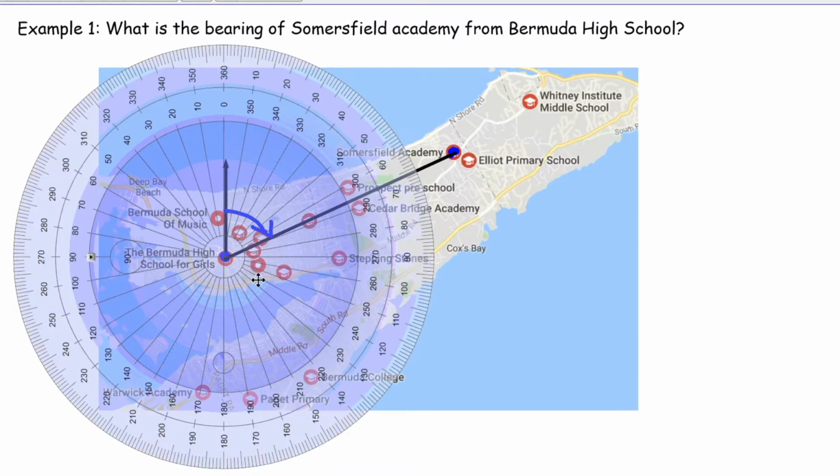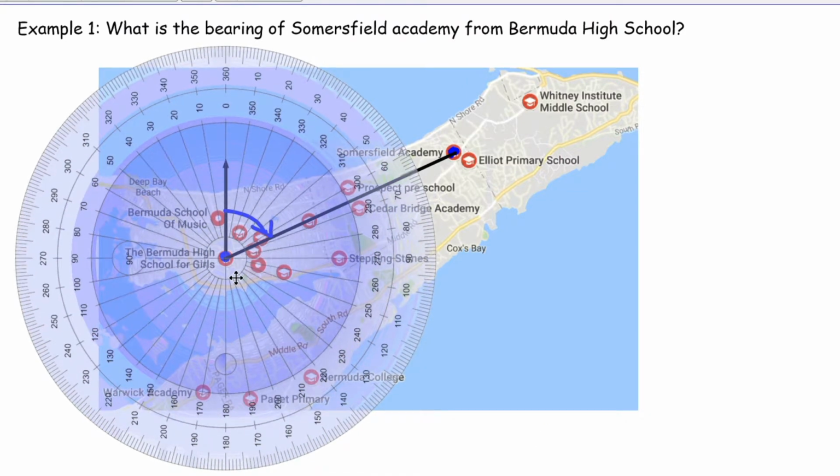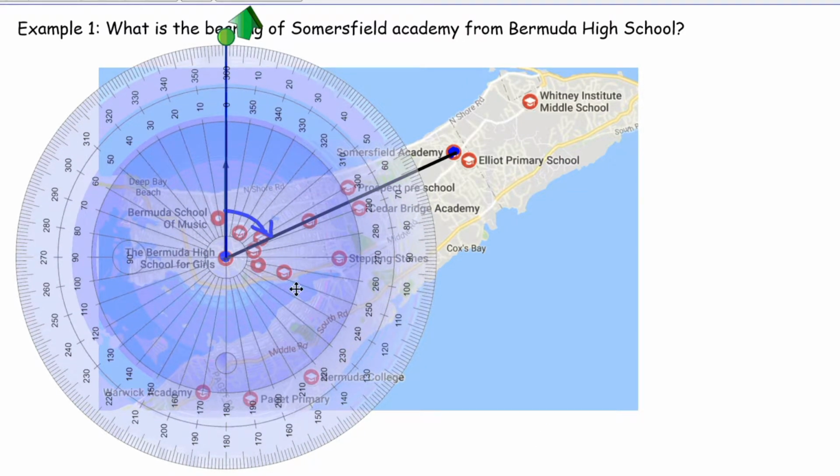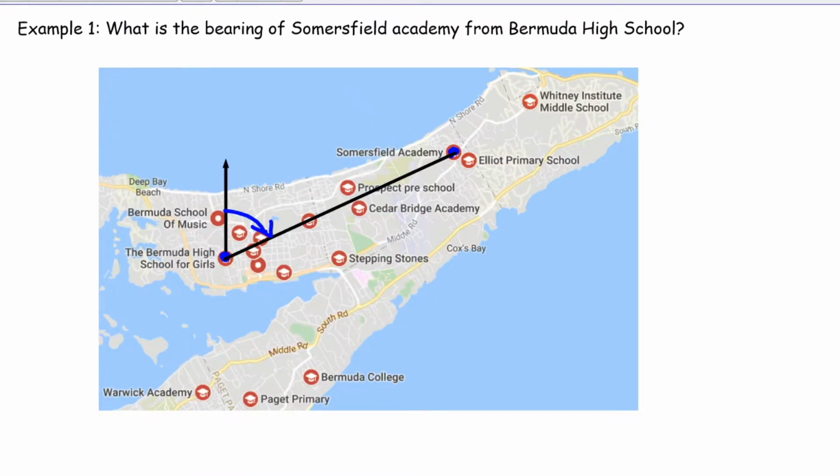All right, 0 line facing north. Put it exactly at the center, and we can see that the angle we have there is about 66 degrees. So we can say that the bearing of Summersfield Academy from Bermuda High School is 066 degrees.